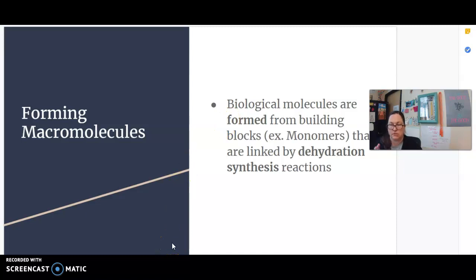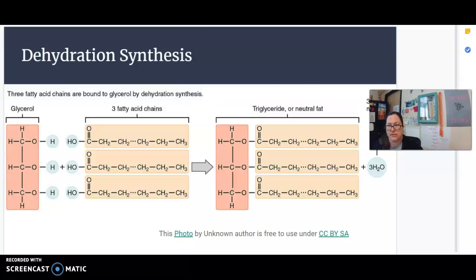Mono means one, so that's one unit, that are linked by dehydration synthesis. So if you remember in chemistry, when you had a synthesis reaction, you're making complex molecules from simpler ones. So a dehydration synthesis reaction, we're removing water, and then we're going to link two monomers and form a bond, as you're going to see in the next slide.